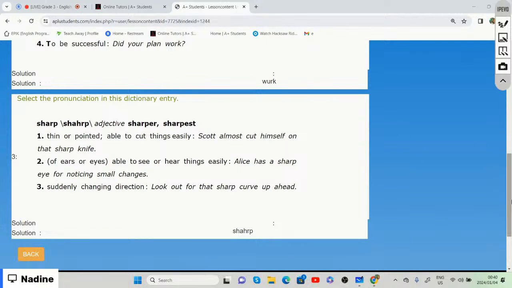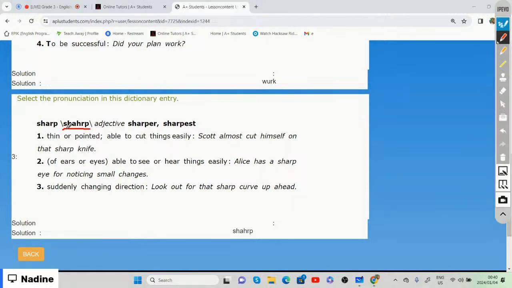And if we look at the pronunciation of the word, then shop will then be, this is how you have to say shop, right? And sharp is a thin or pointed, able to cut things easily, right? So it's either thin or pointed, and you're able to cut things easily.